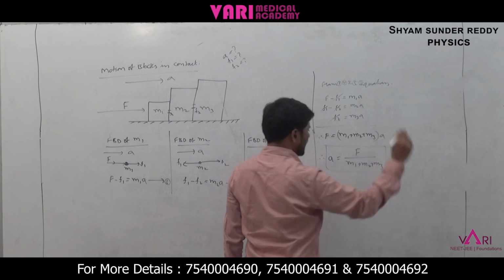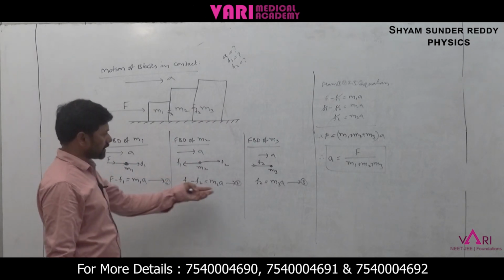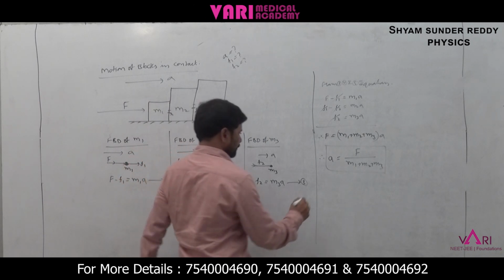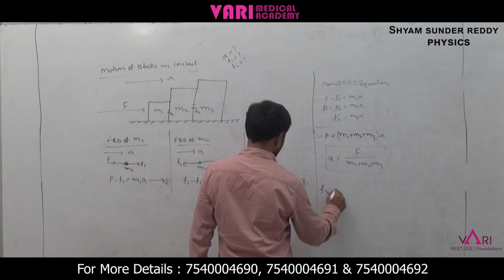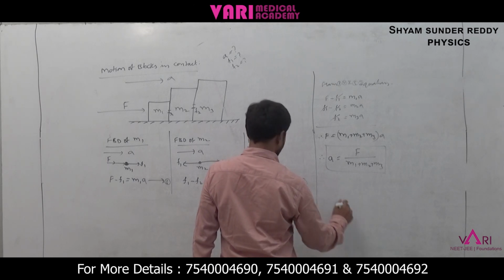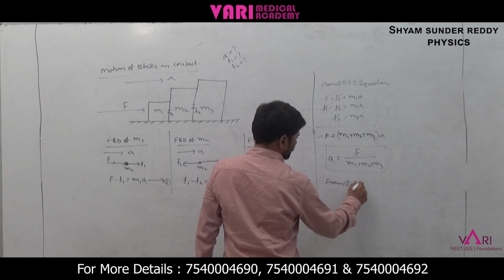This is the acceleration. Now we want F1 and F2. F2 we are getting directly. See this? F2 is equal to M3A from the third equation.